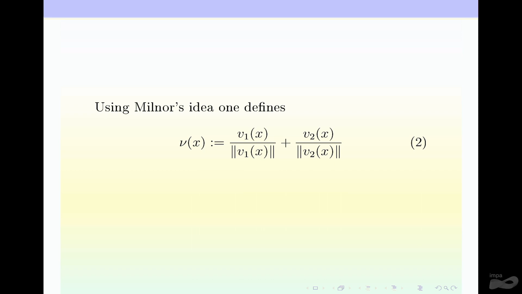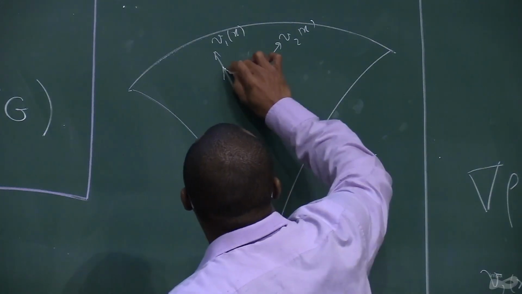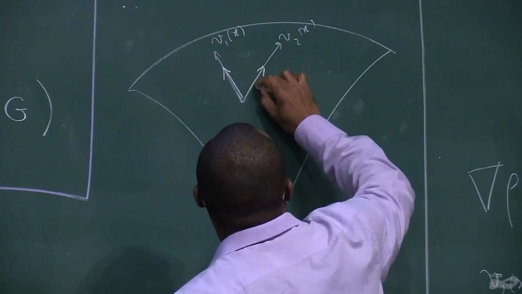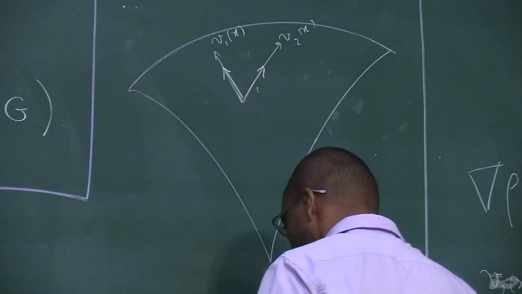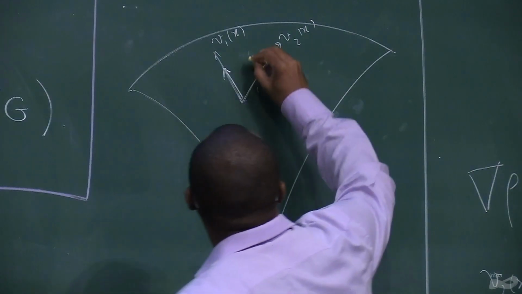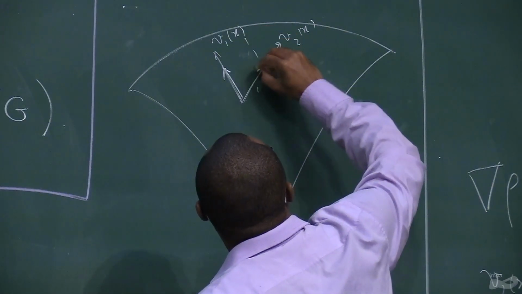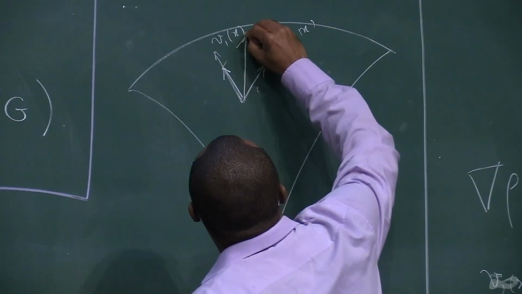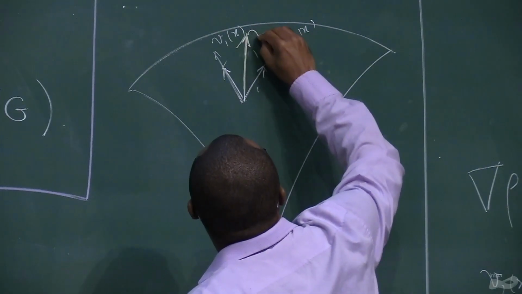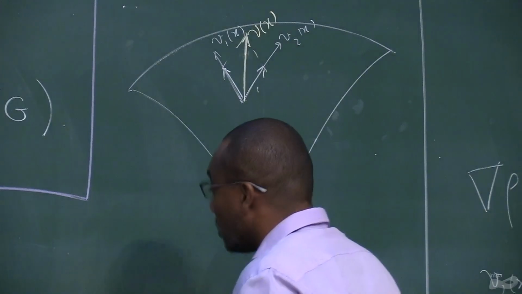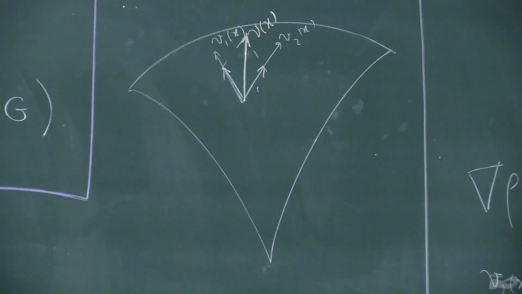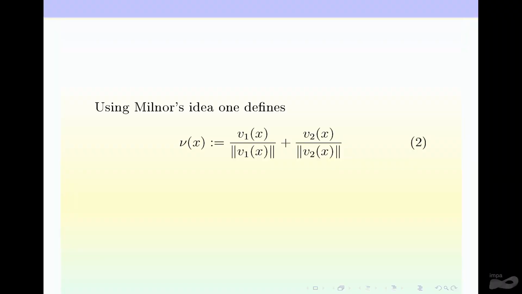This is also called the bisector vector field. So we normalize the first one, v1x, normalize the second one, v2x, and take the sum of both. This is a natural way to construct such a vector field, and that is the natural candidate. Just take the bisector vector field generated by v1 and v2.